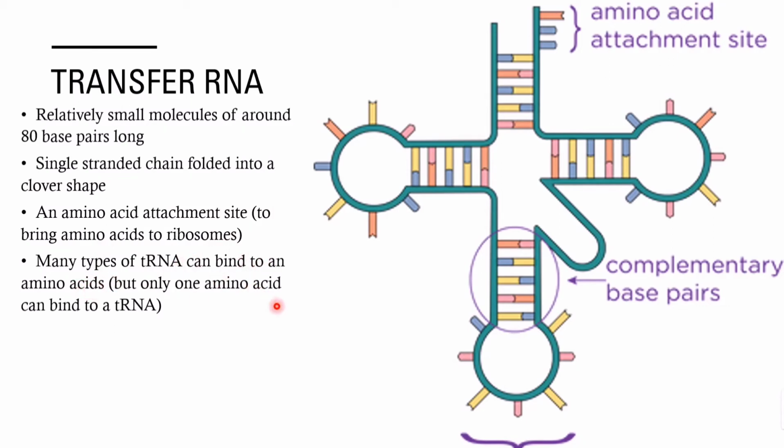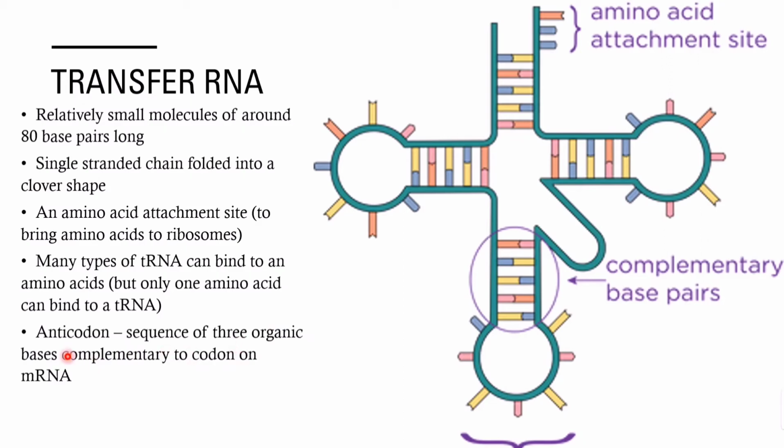So one amino acid can have many types of tRNA that can bind to it, but only one amino acid can bind to one tRNA molecule. If this tRNA molecule here is to bind to an amino acid, this amino acid attachment site is only complementary to one type of amino acid, even though an amino acid can have multiple complementary tRNA.